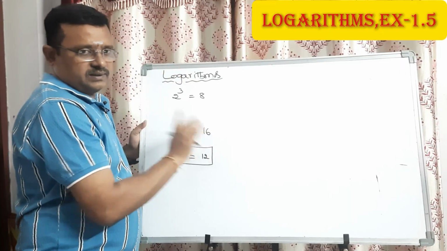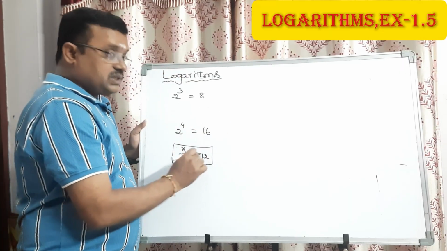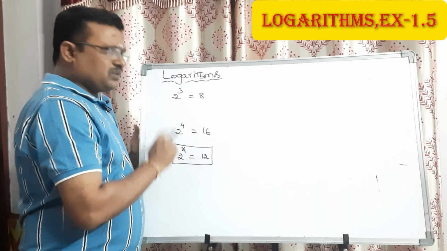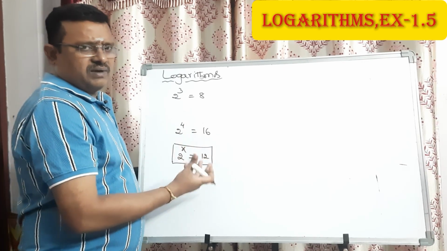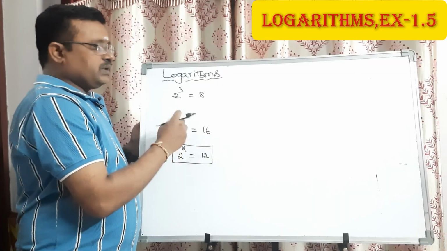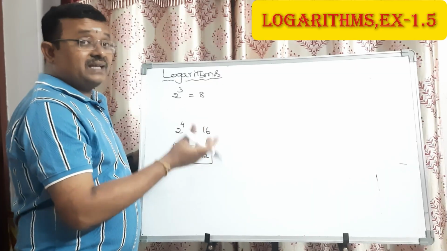But for 2 power how much is 12, students will think there is no direct value, since 2 power 3 is 8 and 2 power 4 is 16.